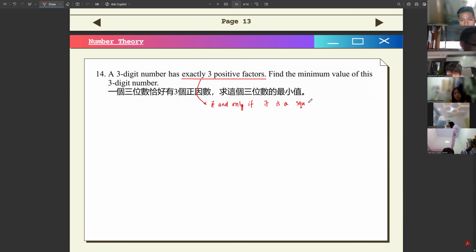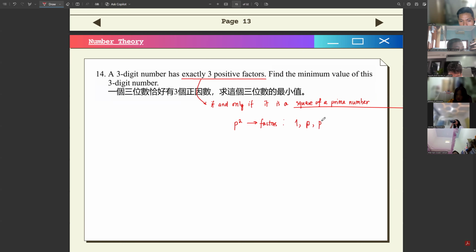This is a very important property that you have to familiarize yourself with. You have exactly three positive factors only when you have the square of a prime number. For example, let's denote the square of a prime as p squared. What are its factors? Its factors are just 1, the prime number, and itself.